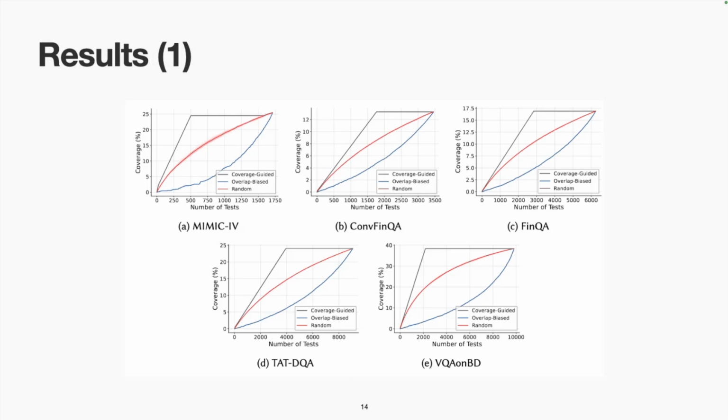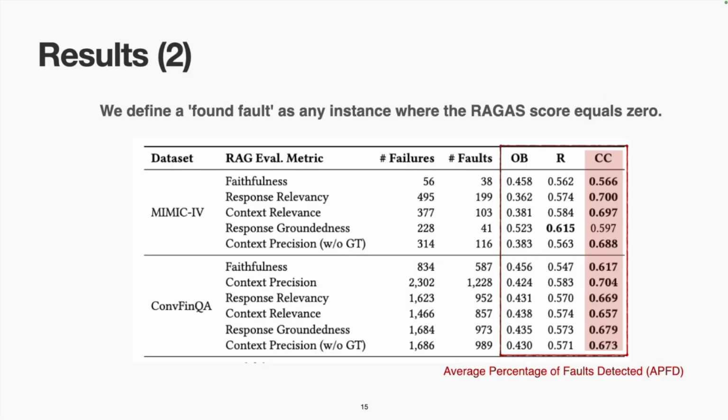And this is the result. We have 5 different benchmarks, and you can see the coverage guided with our chunk coverage can reach the desirable coverage very fast compared to random, which is the red line. I'm not going to introduce the overlap bias here. The second result is about how fast we can find the FERT. The definition of the FERT is actually based on the RAGAS metrics.